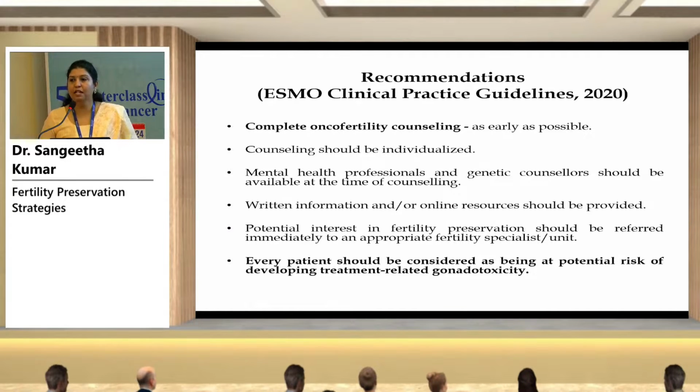During the counseling, the medical health professional and the genetic counselor should be available. Written information or online resources should be provided to the patient. Those patients who have potential interest in fertility preservation should be referred immediately to the fertility specialist team. And since there is no threshold of toxicity, every patient should be considered to be at potential risk of developing treatment-related gonadotoxicity.